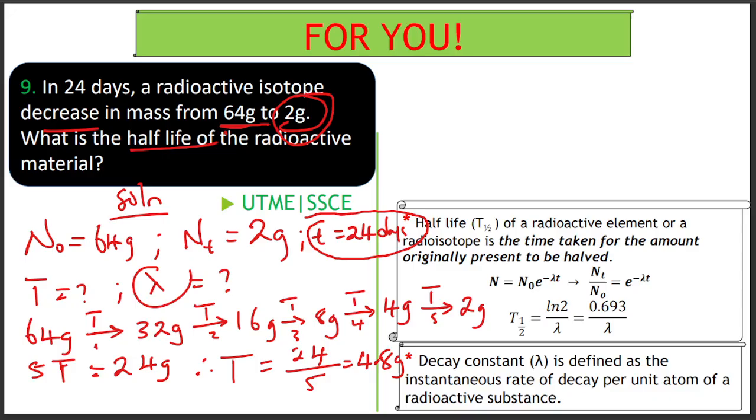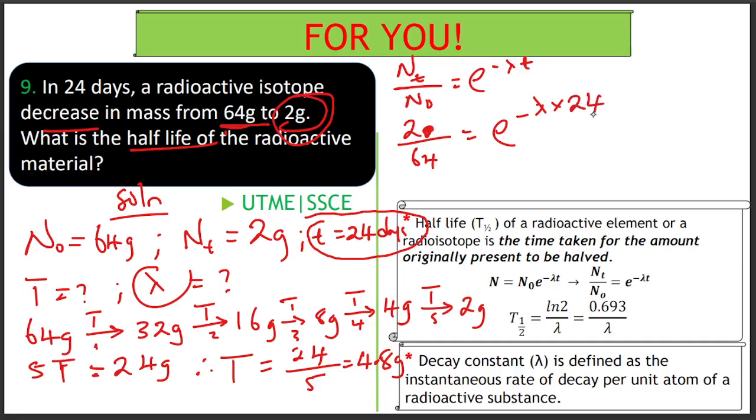Okay, all right. So if you want to use the formula method, the same thing. N naught, remember, NT over N naught. You just plug in the values. NT is 2 grams. That's the amount remaining. 2 grams over 64 is equal to e raised to power lambda times 24, since t is 24.